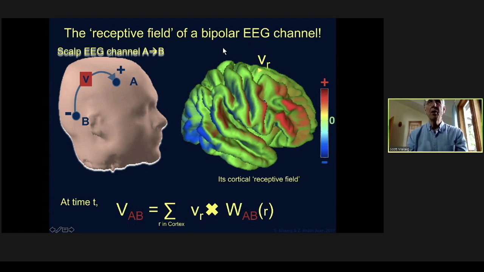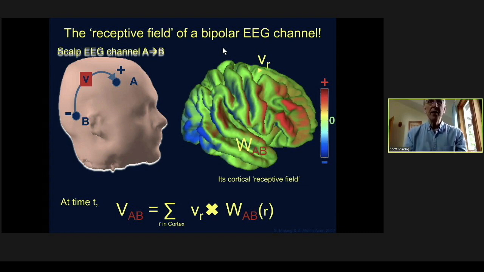So VR are all the radial currents, the net currents exiting the cortex at each cortical element, each cortical voxel in your model, or each cortical pixel in the surface mesh.